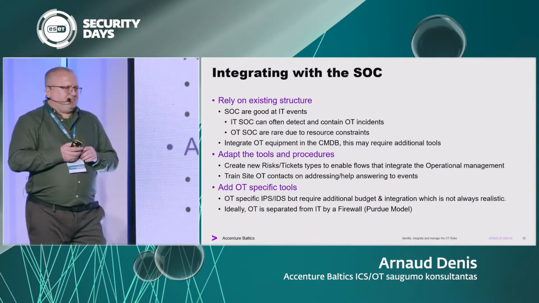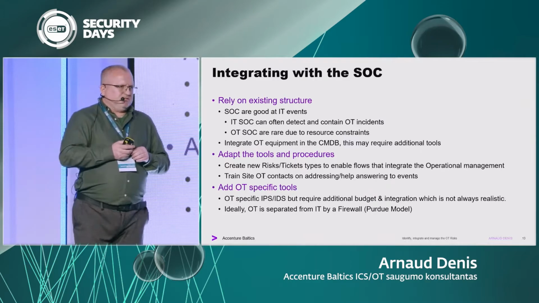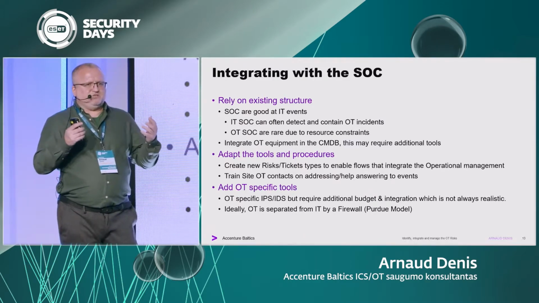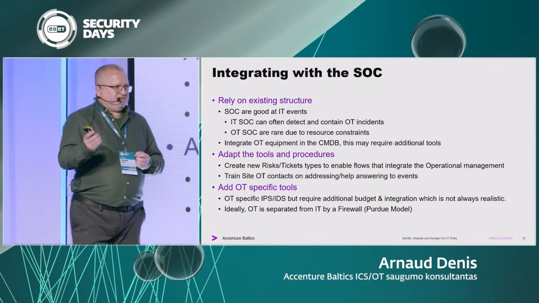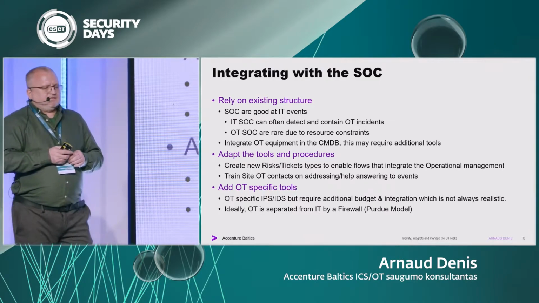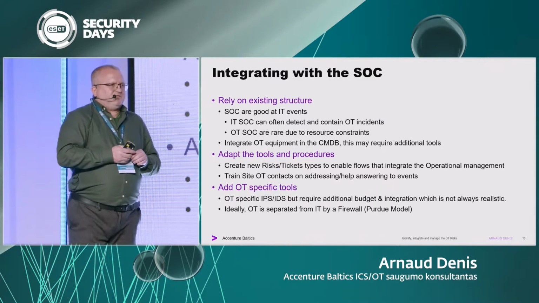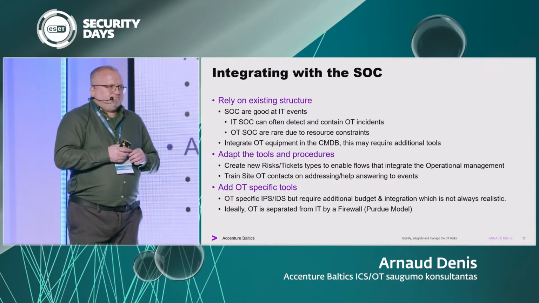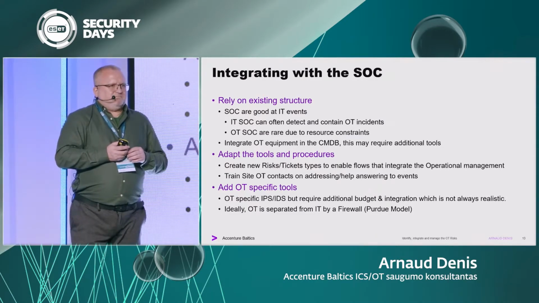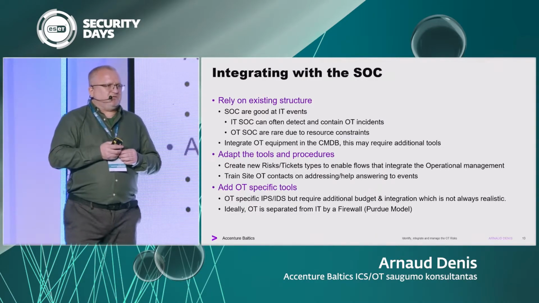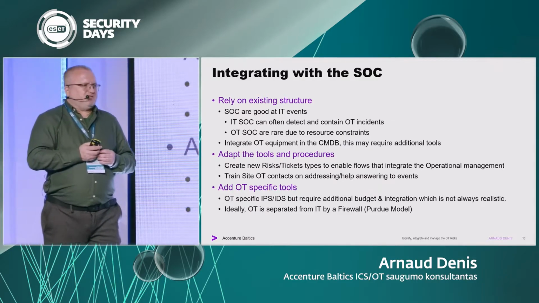And then you need to adapt your tools and procedures. So now you need to look at, okay, what do I need to do so the right people are in the loop, the people in charge of OT, the maintenance people. And regarding adding OT-specific tools, unless you have a fully zero trust install, but I have some issue with that because people with USB keys walking around could create issues as well.